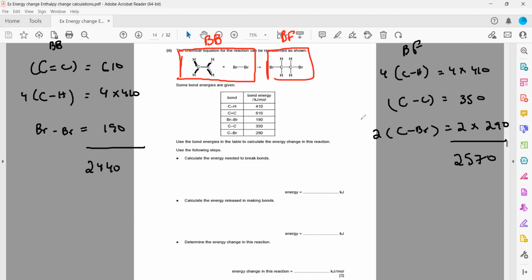So without calculation, which type of reaction is this? Exo or endo? The bond breaking energy is 2440 and bond forming energy is 2570. Which kind of reaction is this? Exothermic or endothermic?